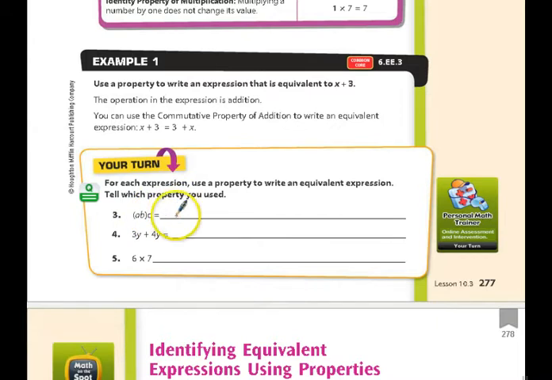So we have AB times C. We could have A times B, C, that would equal exactly the same, and we just call that associative property of multiplication.